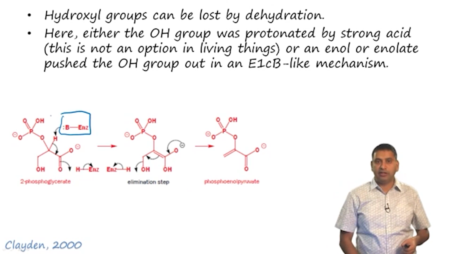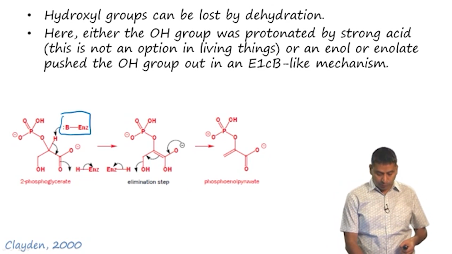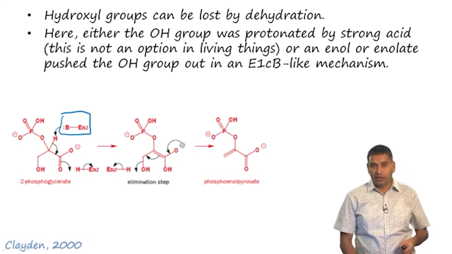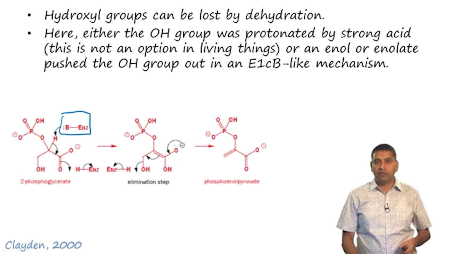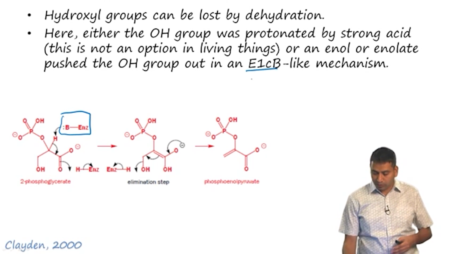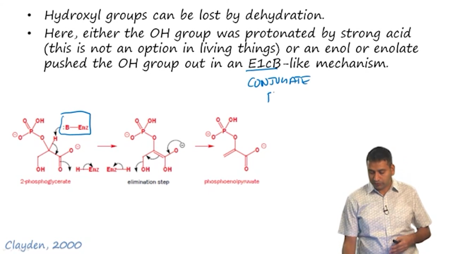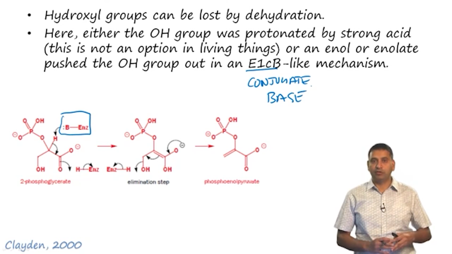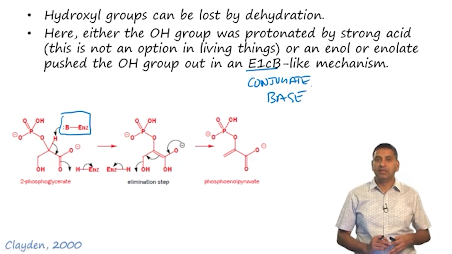A basic residue in the enzyme picks up this proton right next to the carboxylate and produces this enol, and now this undergoes an elimination, which is very much like an E1CB mechanism. E1CB is basically the E1 conjugate base mechanism, which I assume people have looked at previously, and this elimination occurs in the following manner.